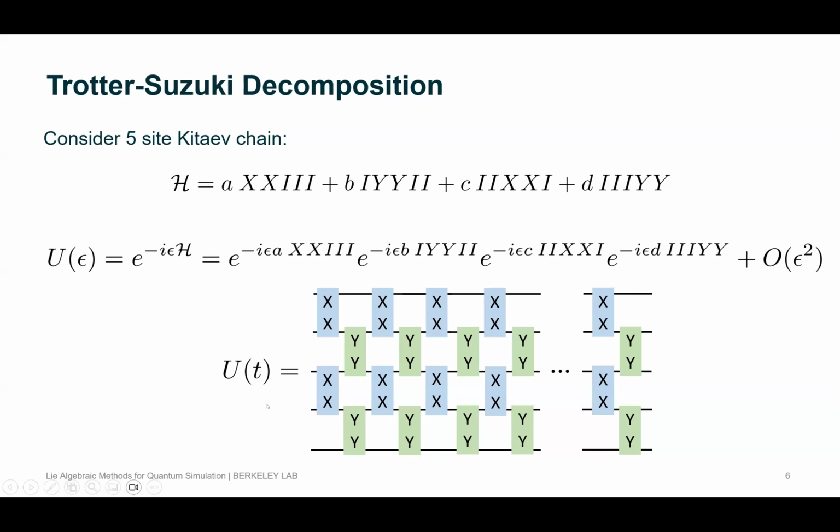If you want to do long time simulations or time evolution with less error, you would need a lot of Trotter steps, and your hardware will start to give you garbage after some point. If you try to reduce the number of steps by simply increasing epsilon, then you will have theoretical error in Trotter. There is basically a tug of war between the theoretical error and the hardware error.